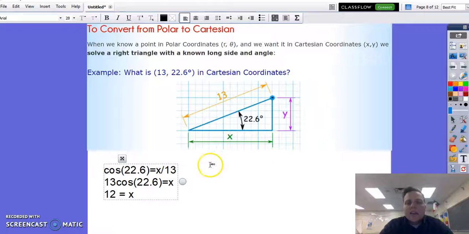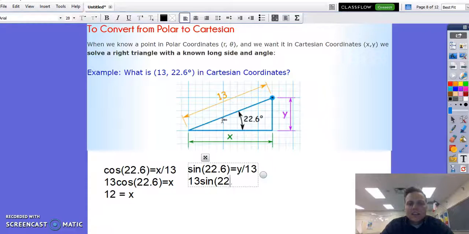So now, is there a way I could apply that same kind of logic and get the y value of the point? Well, let's see here. Y is opposite the angle. I know the hypotenuse, SOHCAHTOA. Sine of 22.6 is equal to y divided by 13. Now you multiply both sides by 13, so 13 times sine of 22.6 will allow me to isolate for y, and then I just do the same thing.